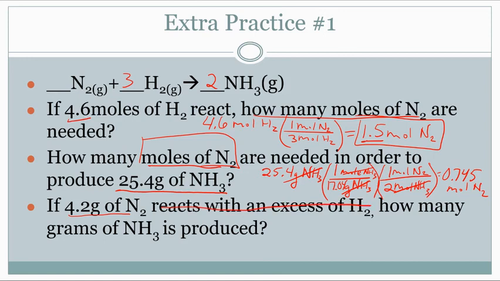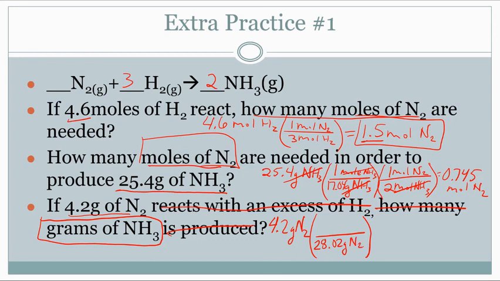And then finally, if 4.2 grams of N2 react with an excess of H2, which just means I have more than enough hydrogen, how many grams of NH3 are produced? Okay, so I start with my given, which is 4.2 grams of N2. I'm going to divide by my molar mass, 28.02 grams of N2 for every 1 mole of N2.